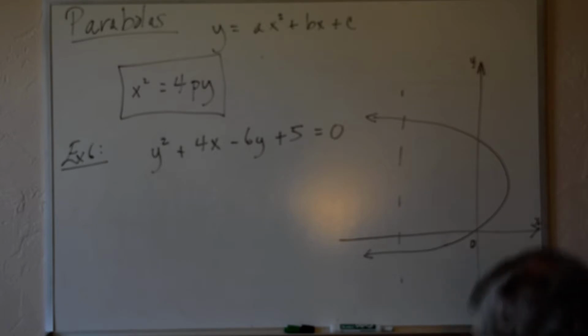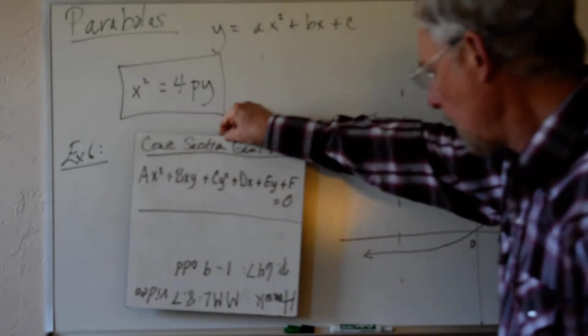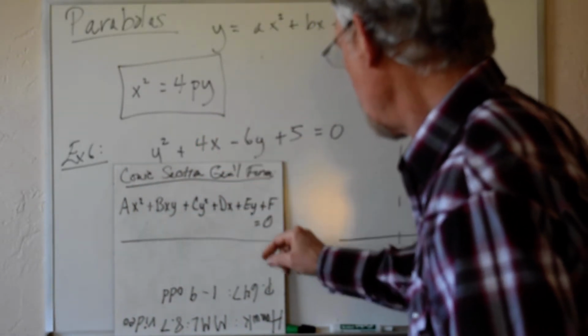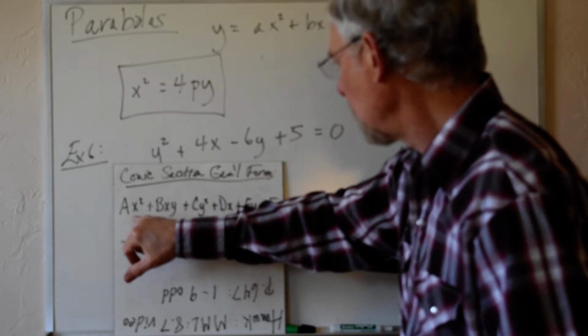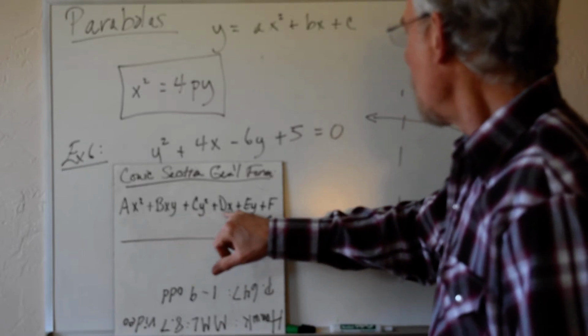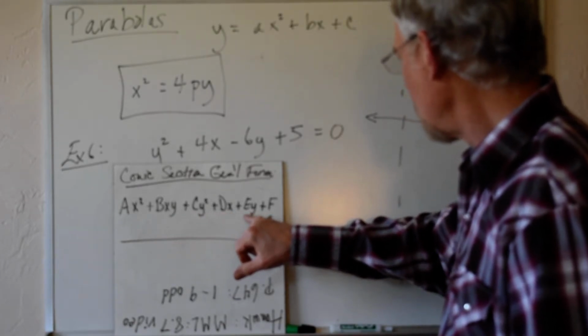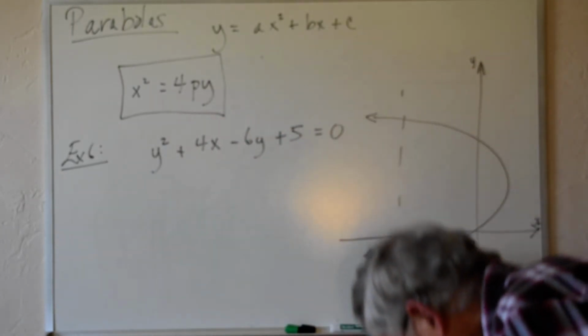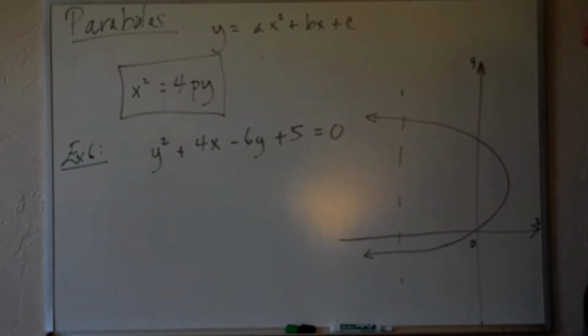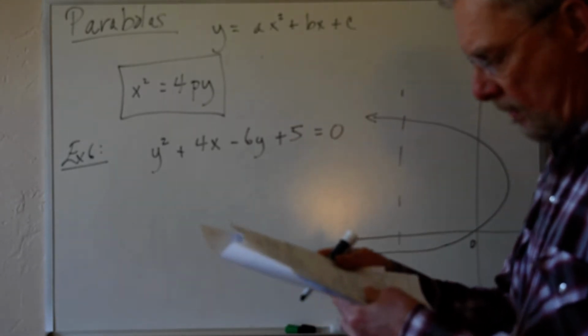Let's look at this general form again. Right? We've got a y squared term. We don't have the x squared term. We don't have the xy term. We have an x term. We have a y term. We have a constant term. Okay, so that's your clue for identifying the equation of a parabola.